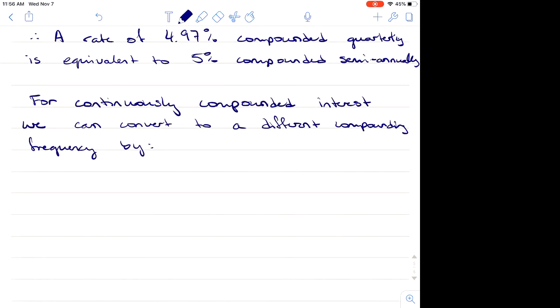Yikes, can't talk anymore. Shame, that's why I'm here, to talk. So I2 is E to the power of R over F2 minus 1. So whenever you have that E in there, it's going to be linked to continuous compounding.